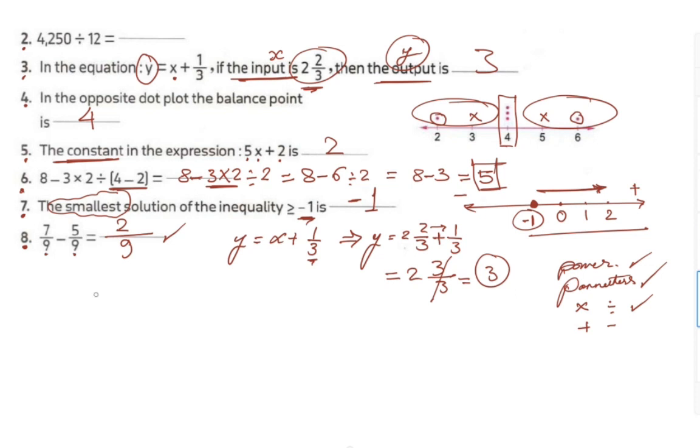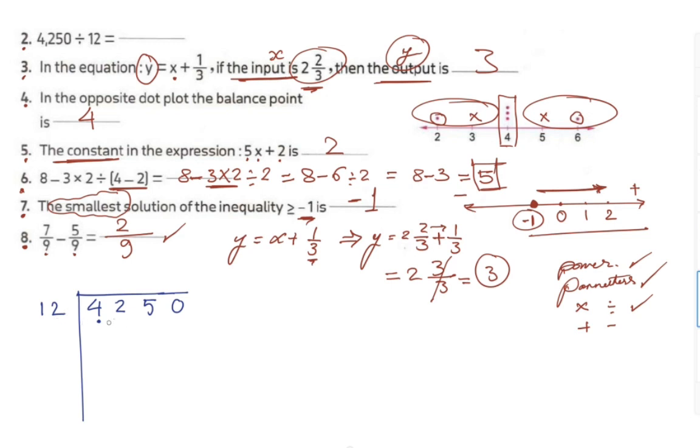I have the number 4250, divided by 12, a two-digit number. Now we will look here. The first digit from the left side, of course, is 4, and 4 is less than 12.